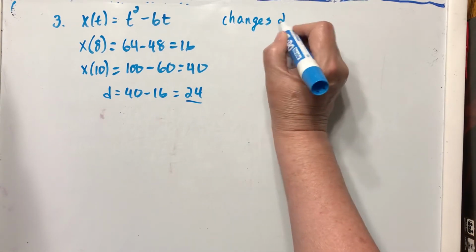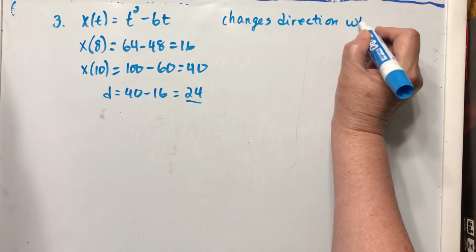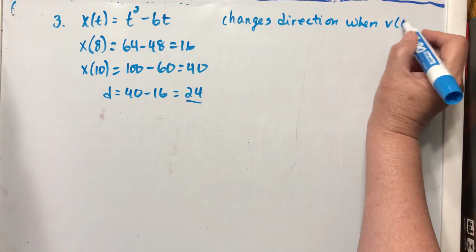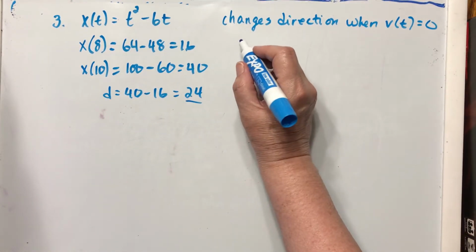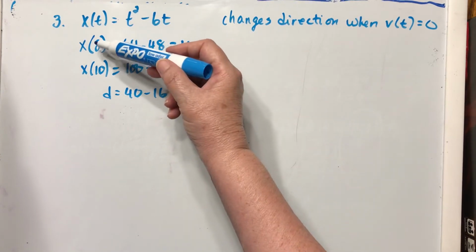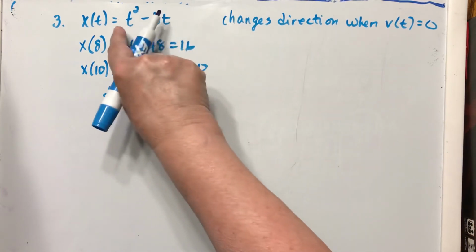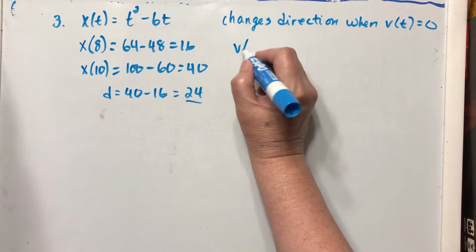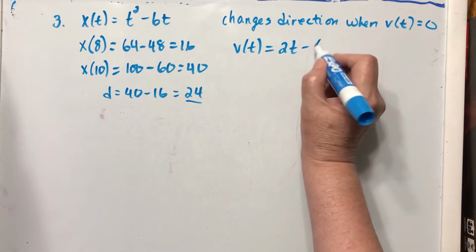Changes direction when v of t equals 0. That's in your notes. So what I want to do with this is make sure that this particular particle isn't changing directions between 8 seconds and 10 seconds. So if this is my position function, then my velocity is just the derivative of that, which is 2t minus 6.